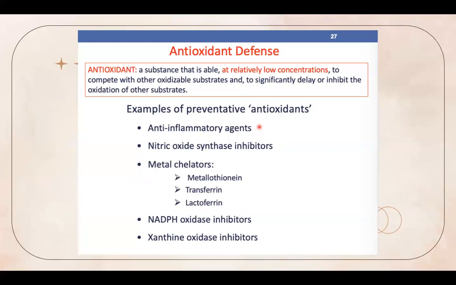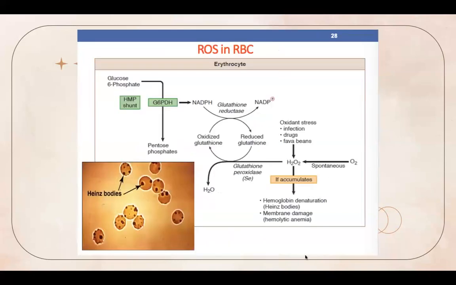Then we have some metal chelators like lactoferrin, transferrin, for iron overdose. We have NADPH oxidase inhibitors and xanthine oxidase inhibitors. Xanthine oxidase inhibitors are a chemotherapeutic drug, given in cancer because it destroys the free radicals. Just a side note, insulin also has anti-inflammatory effects, and it can be used as an antioxidant. And yeah.